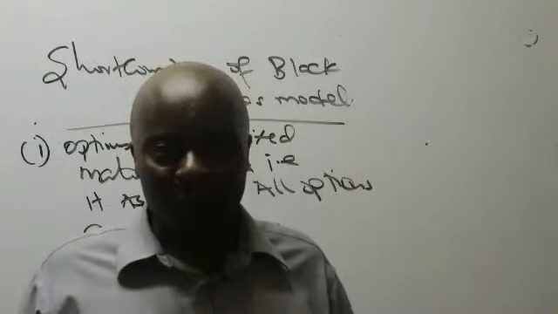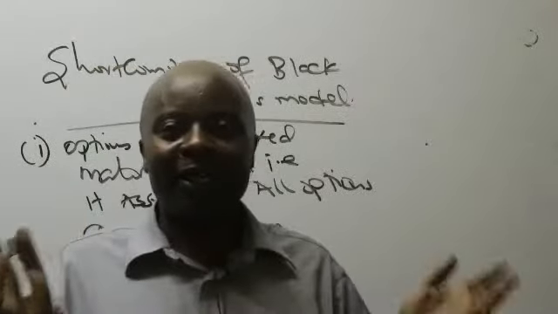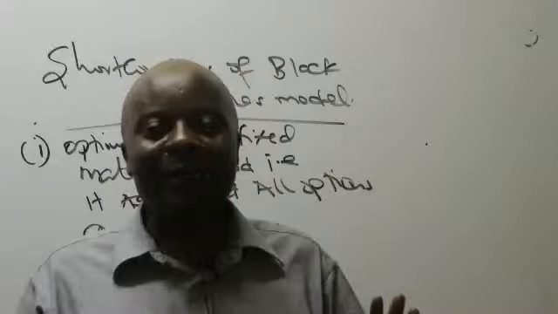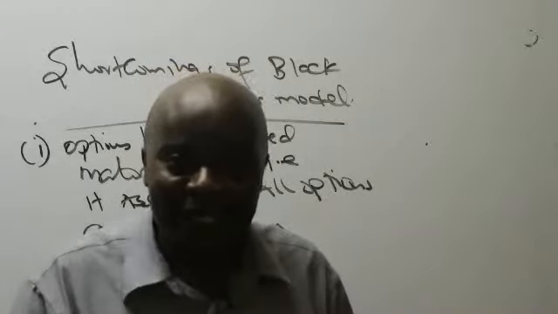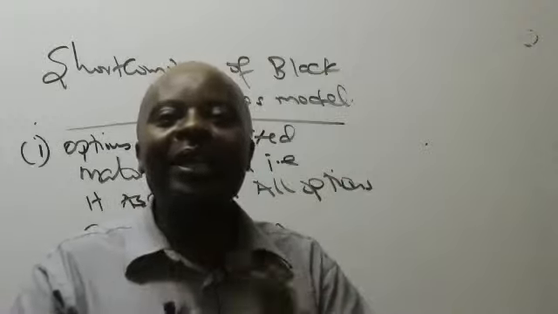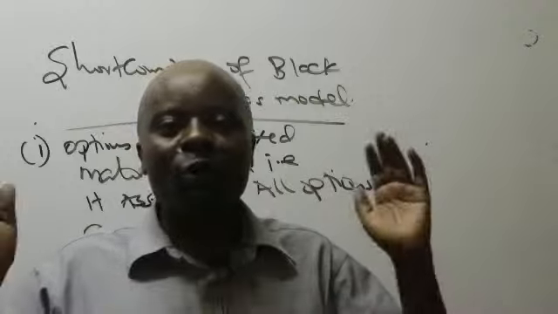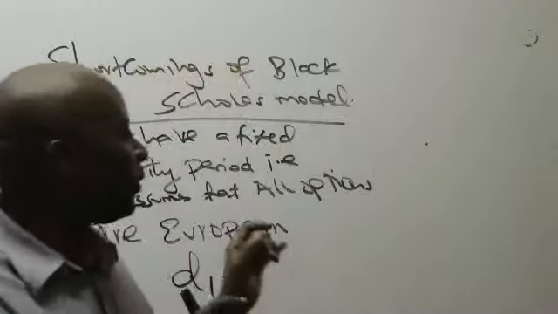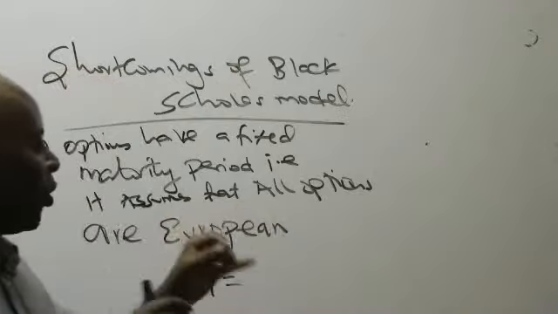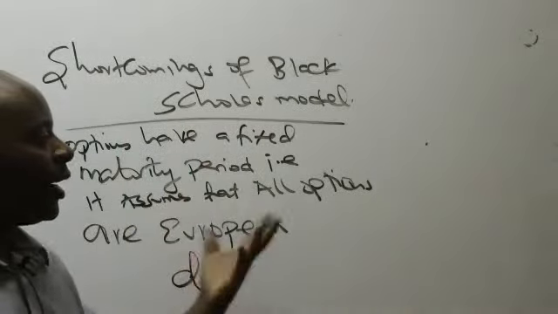They have a maturity period. American options you can exercise anytime before maturity. And of course, because of that property, we cannot use this Black-Scholes model to evaluate them.